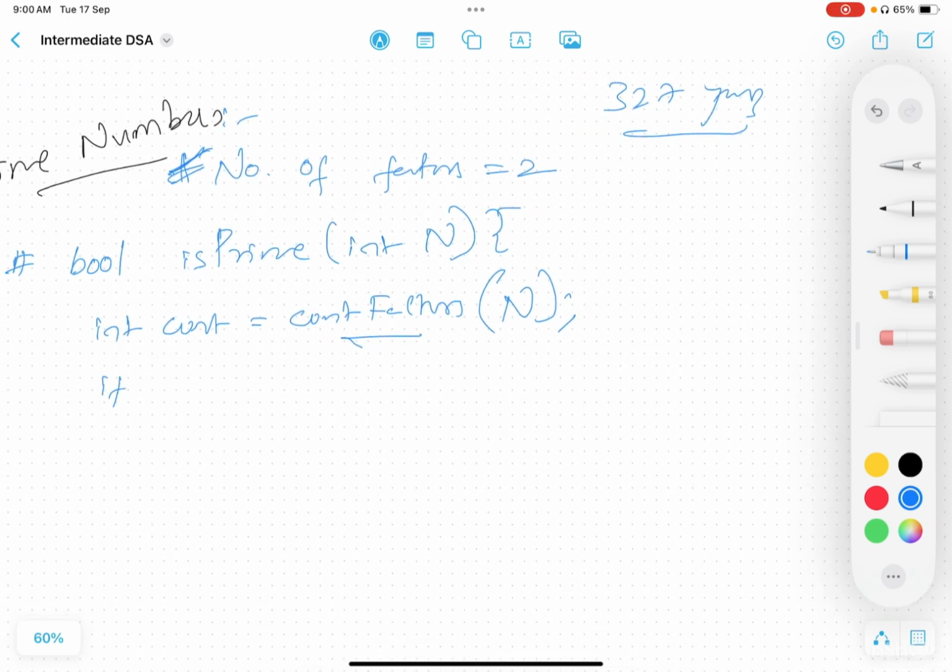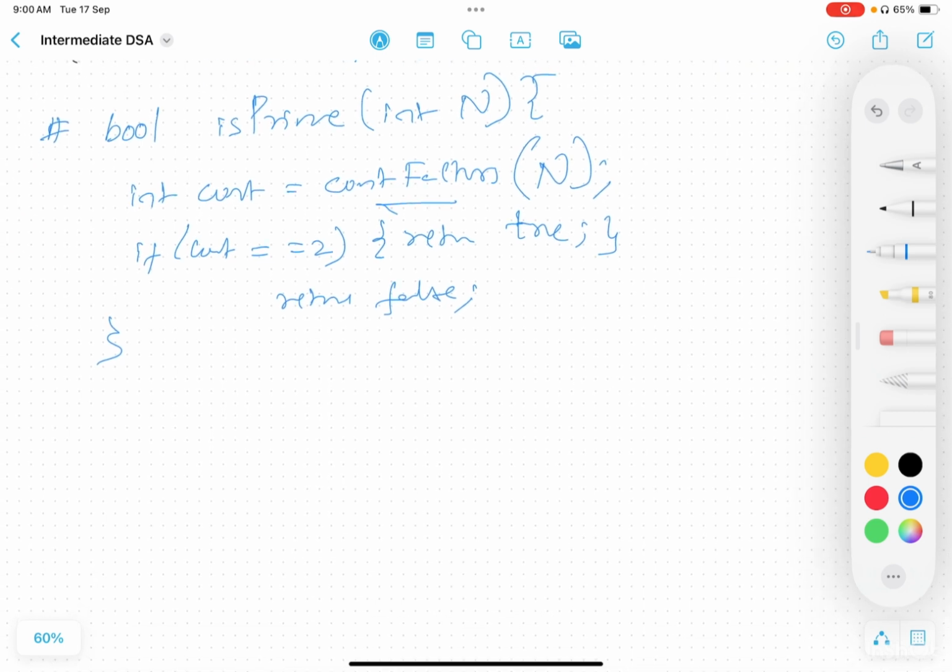If the count is equal to 2, return true, that's it. You don't need else also. Actually you can write return false. By default, if nothing is there, this method will return false, right? That's it about prime numbers.